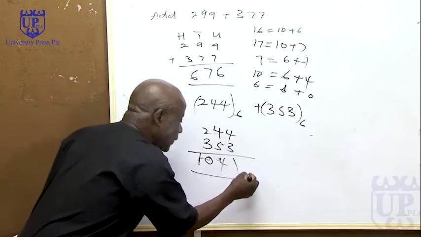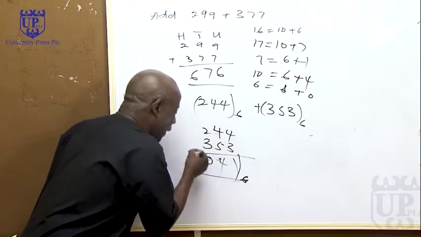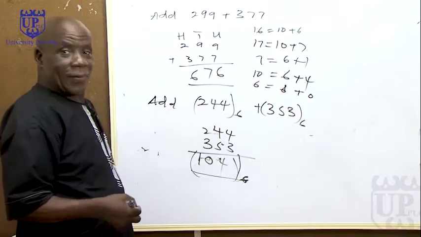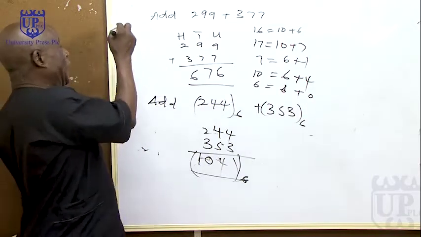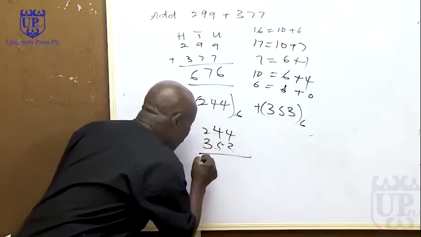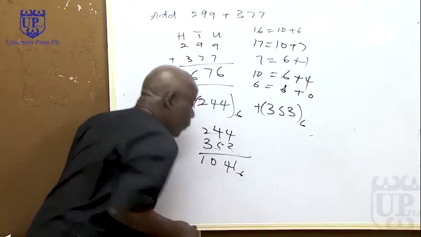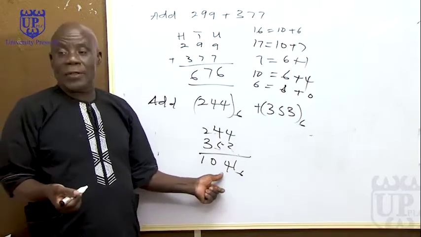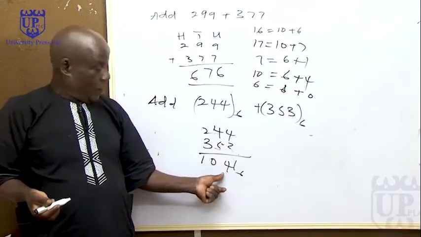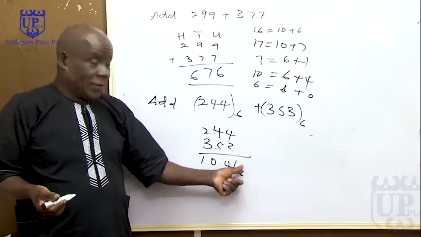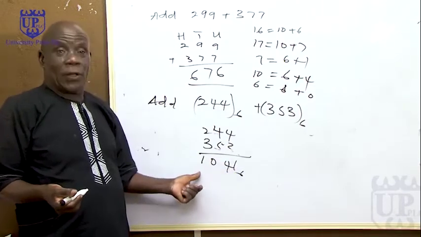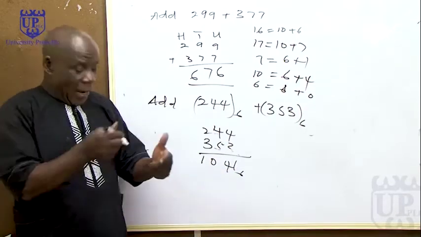You write base 6, or if I were you, I'll put a bracket. Look at how the number is written. You don't write 6 to be on the same line with this one, or else it will mean another thing.